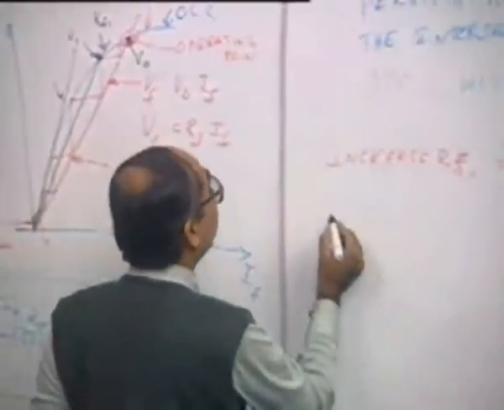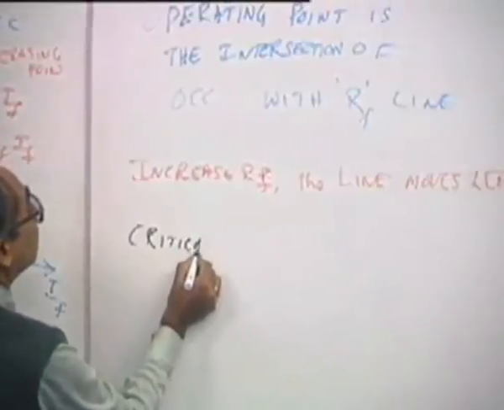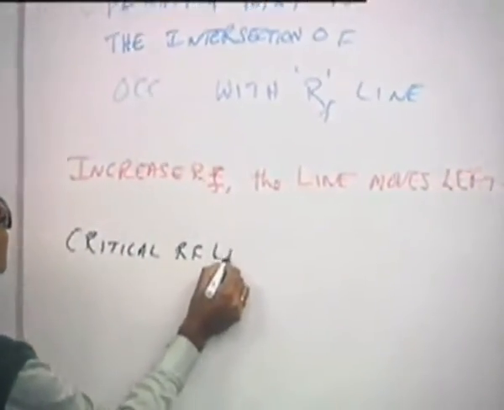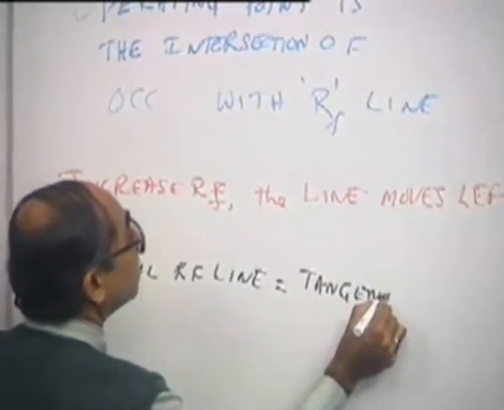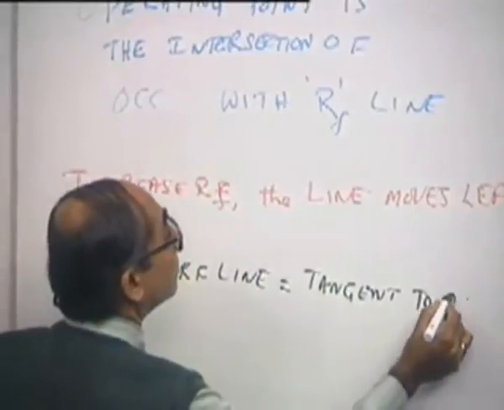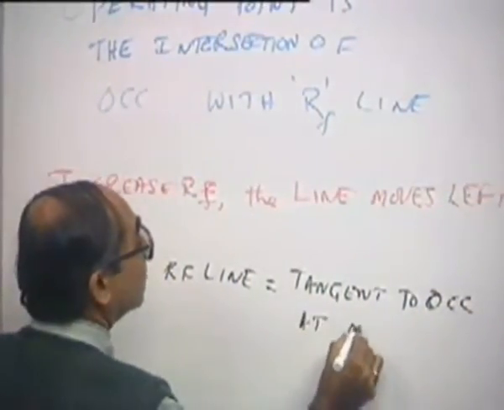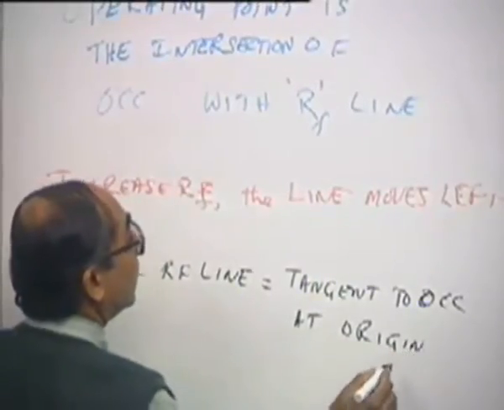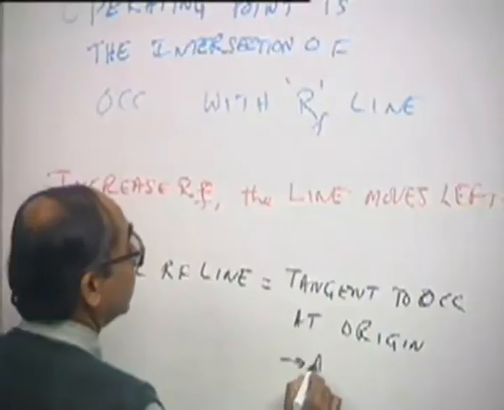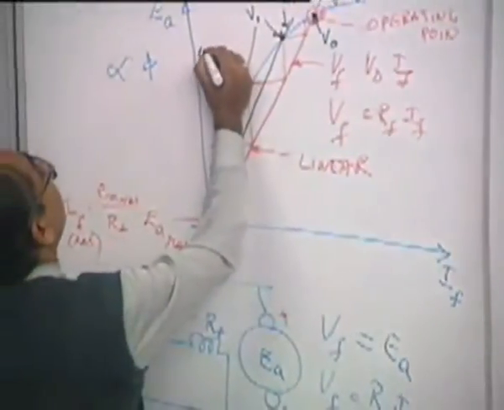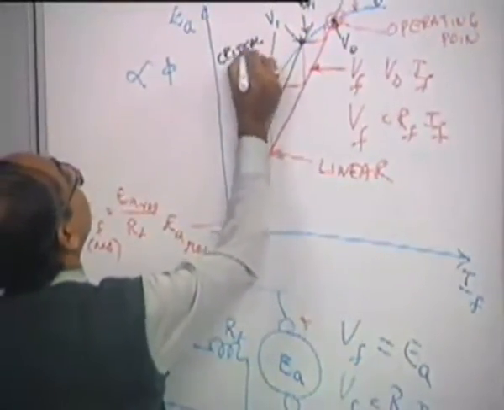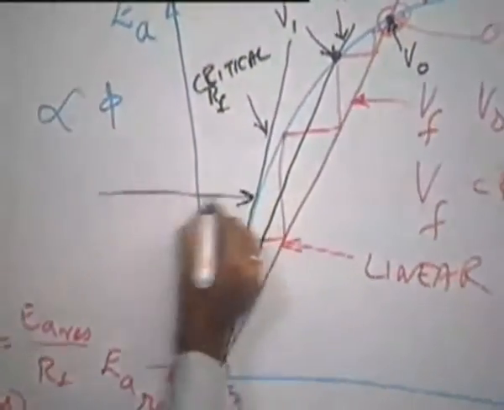So we call this the critical RF line, the tangent to the OCC at the origin, and this is also called the air gap line, because here mostly the reluctance of the air gap is important.